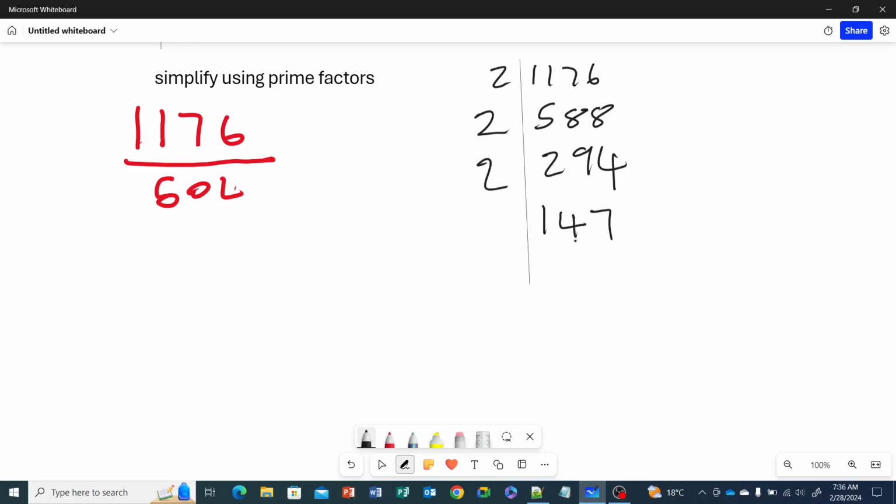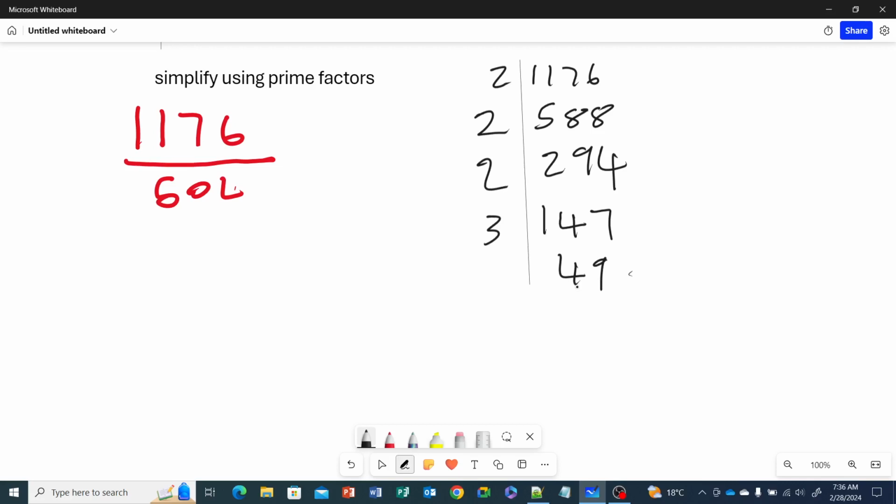Okay, now is this an even number? No, an odd. So you check the next number, which is 3. Is it divisible by 3? Yes. And then if you divide by 3, how much do you get? 49. Okay. So 49 is not divisible by 3. You go to the next number, which is 5 on your prime list. I wrote it up there. So is it divisible by 5?